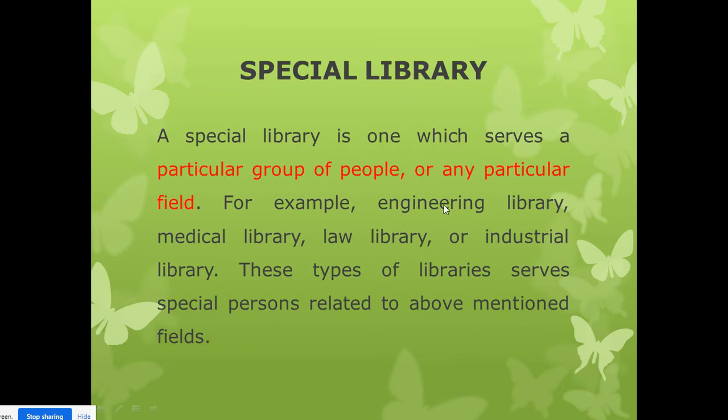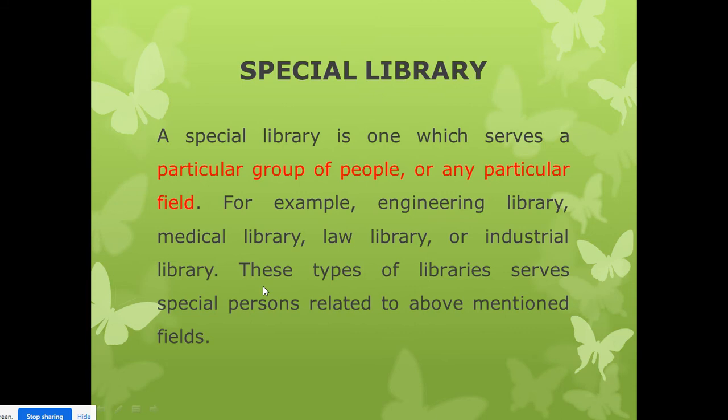Same like this, there is a law library, and the whole collection of this library belongs to law. This statement is very true about a special library: it serves a particular group of people or any particular field, for example, engineering, medical, law, and industrial libraries.